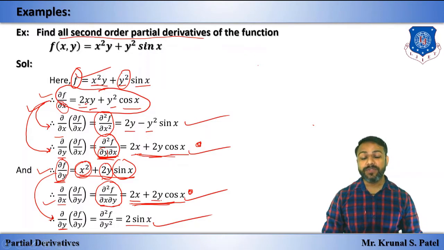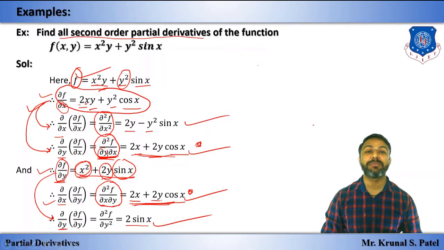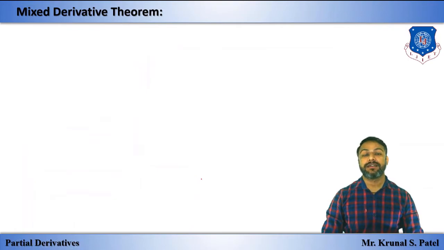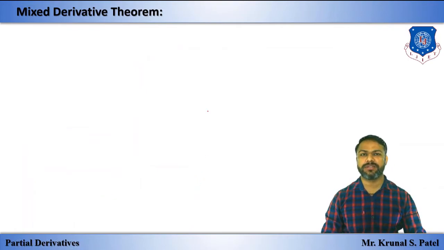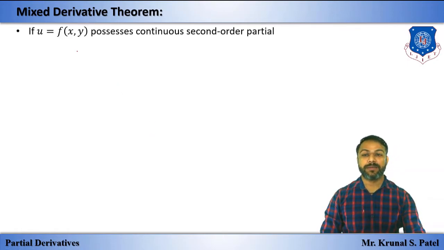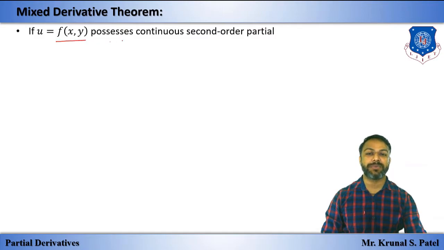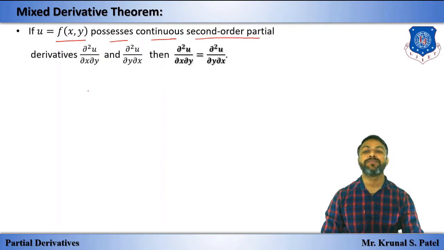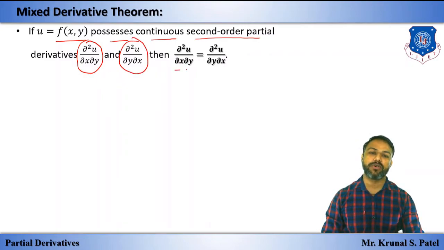So you have to remember this thing, and this rule or theorem is known as the mixed derivative theorem. That means if u is equal to f of x comma y possesses continuous second order partial derivatives del square u by del x del y and del square u by del y del x, then the values of these two derivatives are always the same.